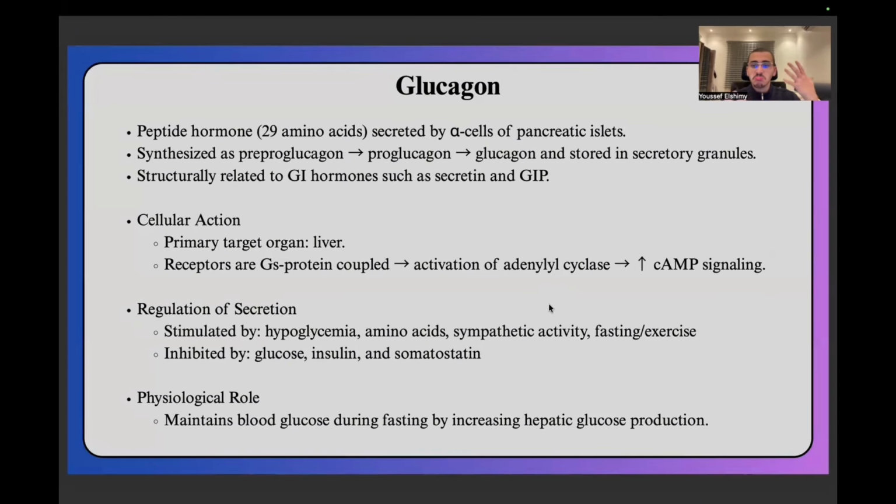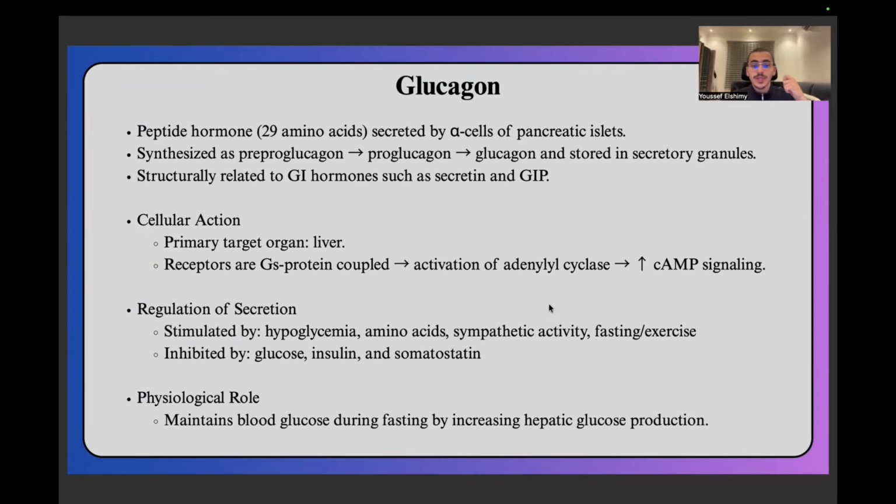Whenever you need blood glucose. So in cases of hypoglycemia, there's decreased blood sugar, so you need to raise up this blood glucose. So this stimulates glucagon release. Amino acids, also the fight or flight response, sympathetic activity, fasting, exercise, all of these conditions, you need more blood glucose in your body.